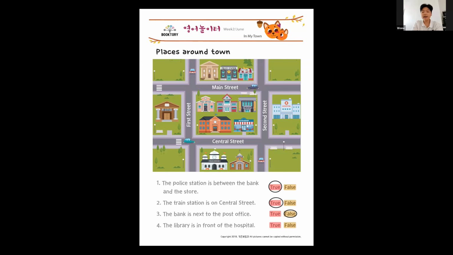Tell me, where is the library? Here is the library. And where's the hospital? All the way over here, right? So is the library in front of the hospital? No, it is not. In order to be in front of something, it has to be very close together, okay? So this is going to be false.